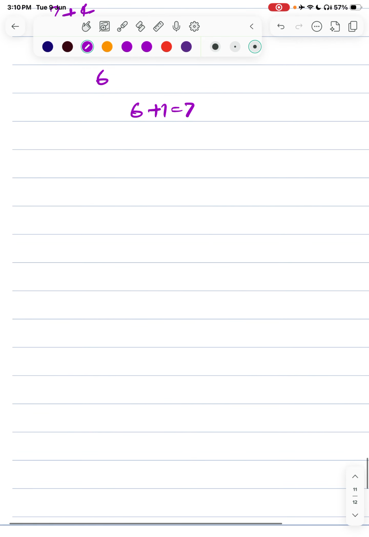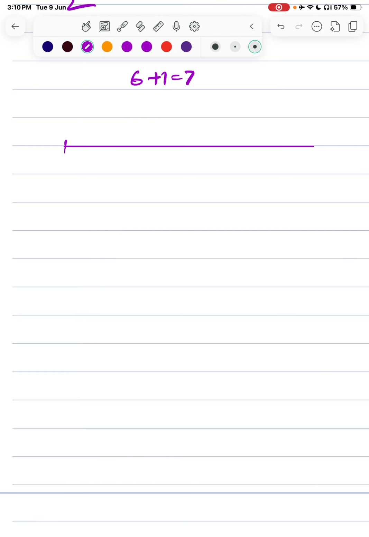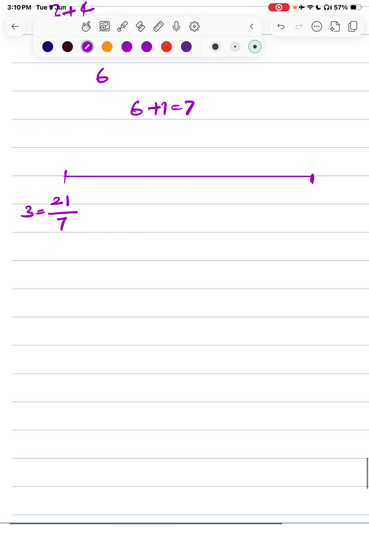Like, how can you write 3? Here the denominator is 7, so you can write 21, right? Because when you divide 21 by 7, 7 threes are 21, and 7 fours are 28.